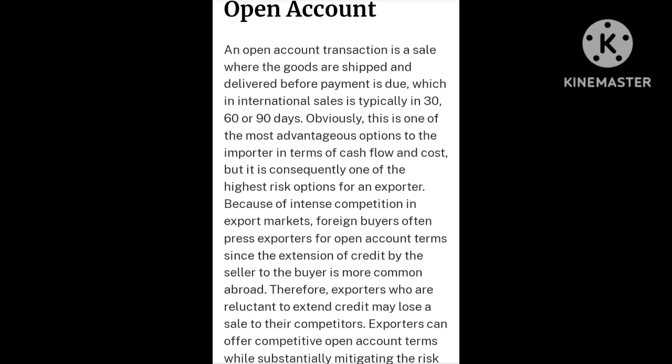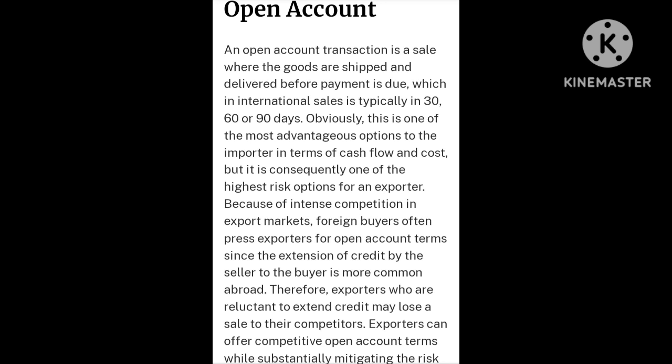So here the exporter has very high risk, because if the exporter ships the goods and the importer denies the payment, there is no guarantee and no bank is involved. So in these situations, the exporter can lose their payment.